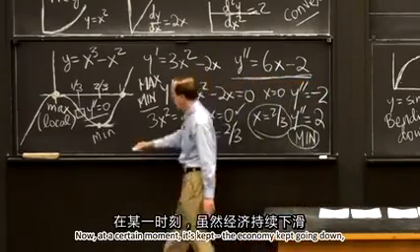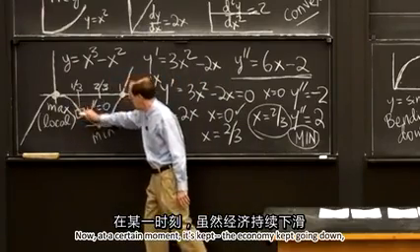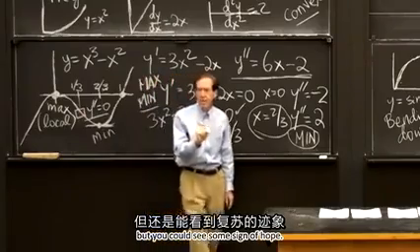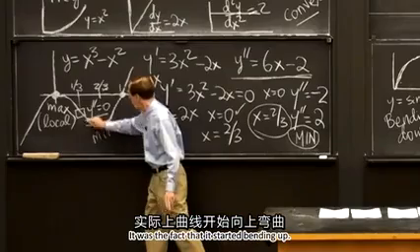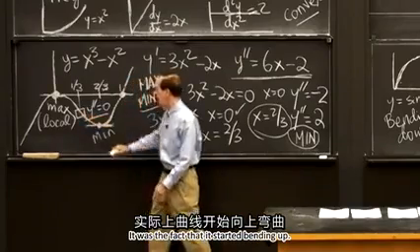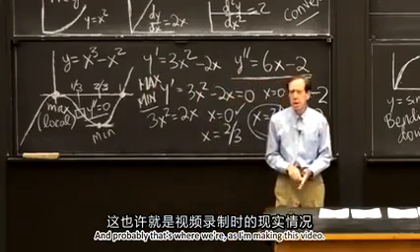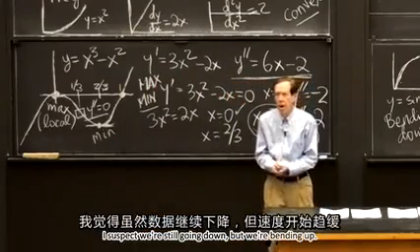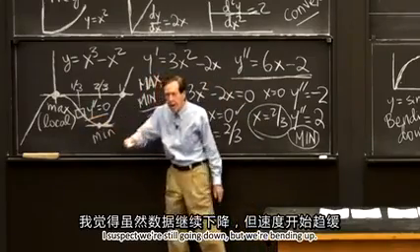Now, at a certain moment, the economy kept going down, but you could see some sign of hope. And what was the sign of hope? It was the fact that it started bending up. And probably that's where we are as I'm making this video. I suspect we're still going down, but we're bending up.